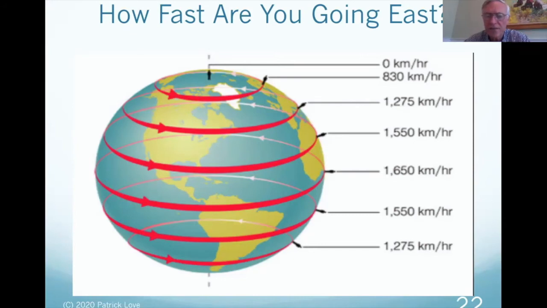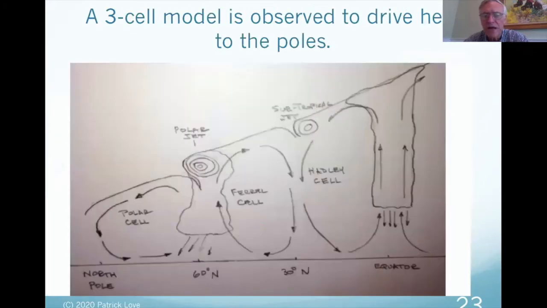So as that air moves south towards the equator, to an observer at the equator, that air is moving at 962 while he's moving at 1023.